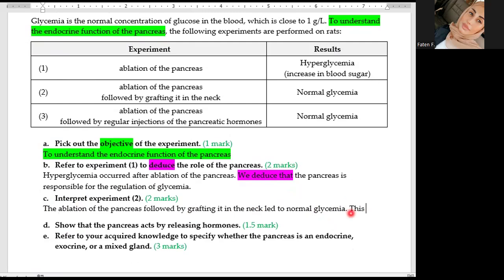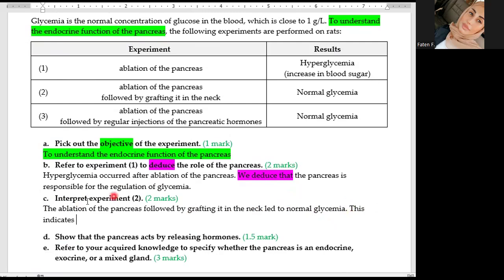So this indicates that, since it's interpretation, okay? Interpret means we have to put "this indicates that". This indicates that the pancreas functions anywhere in the body as long as it is connected to blood vessels.